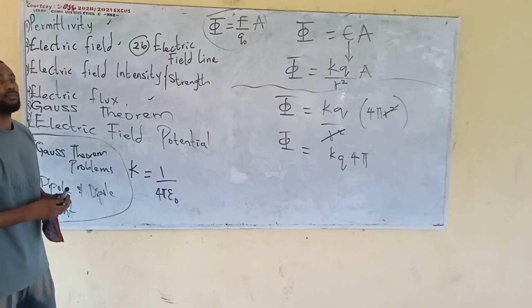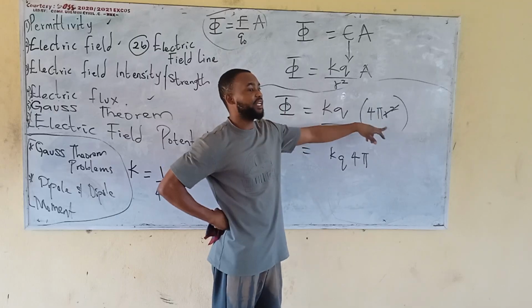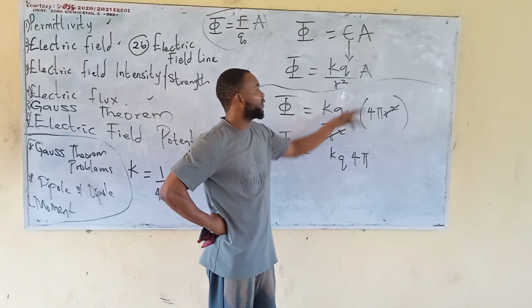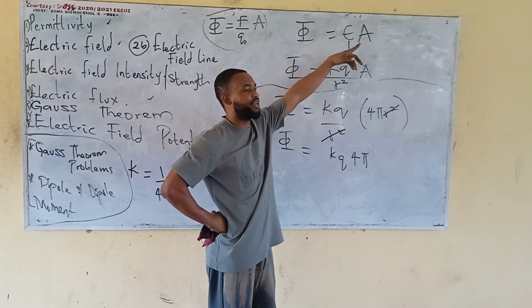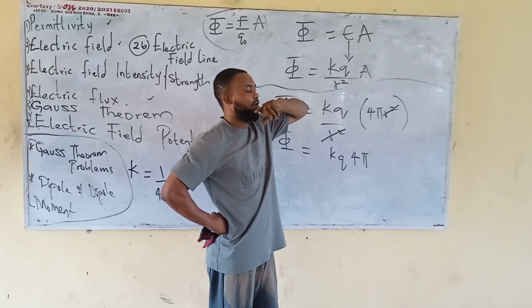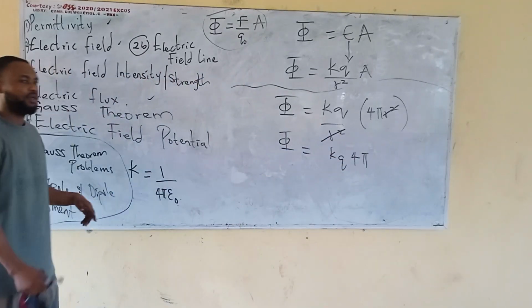4 over 3. Is it not volume we are talking about? It's area we are talking about now. When you differentiate volume, you will get area. When you integrate area, you get volume. So whatever volume you have, differentiate it, you get what we have.